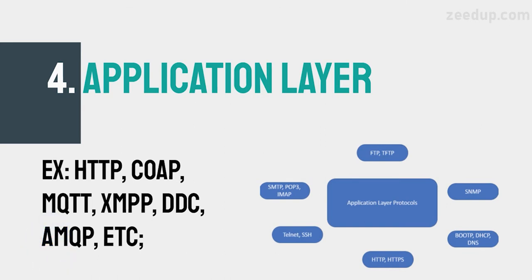And AMQP. XMPP stands for Extensible Messaging and Presence Protocol. This is used for real-time communication and streaming XML data between network entities. Client-server and server-to-server communication is possible in XMPP.